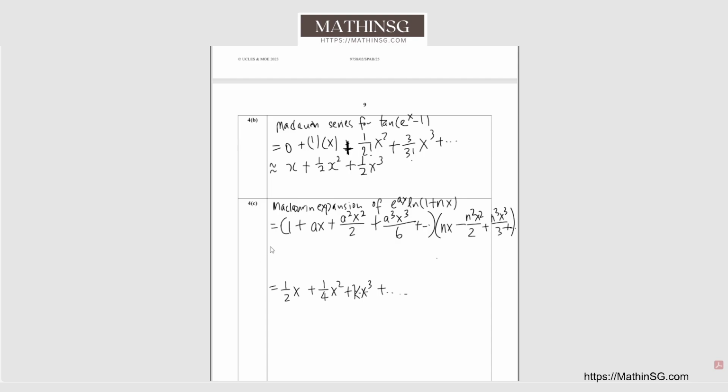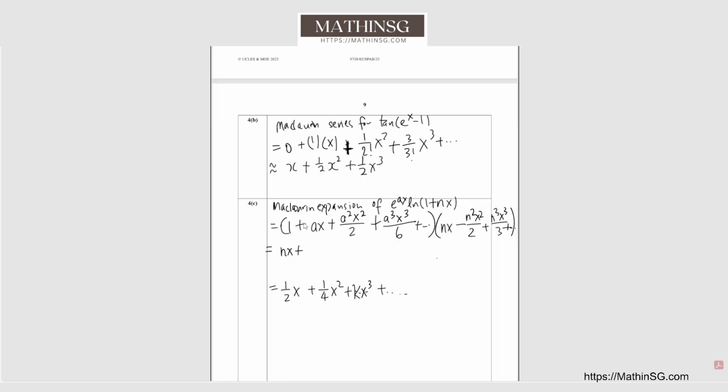Next I want to find terms containing x. In order to obtain terms containing x, I'll take 1 times nx. So I have nx, and from here I know that n is basically equal to half. But let's do that later. Next, I need terms containing x squared.